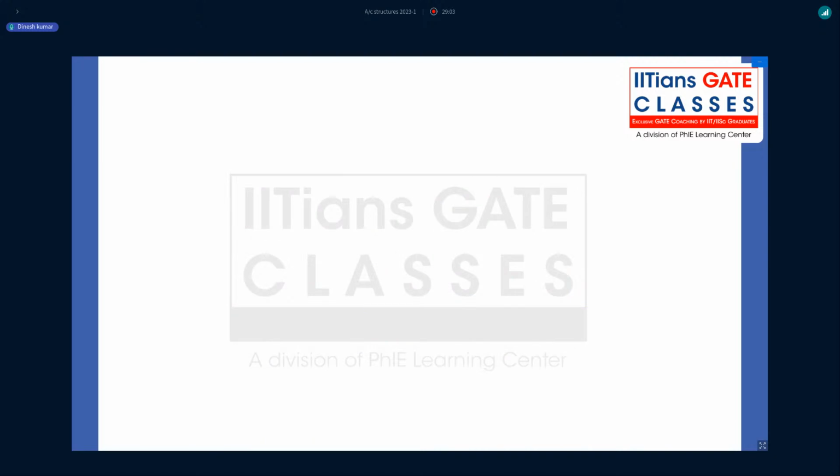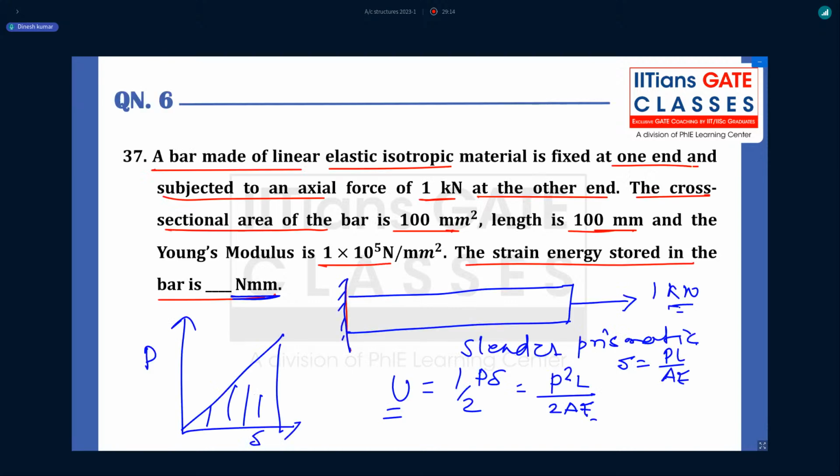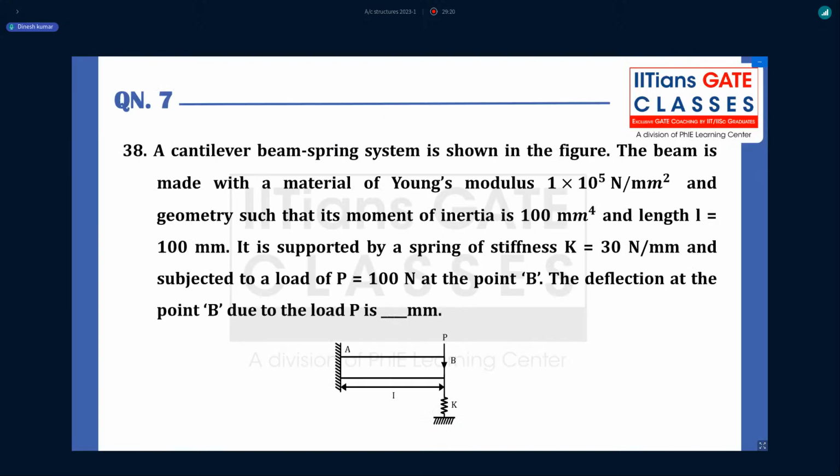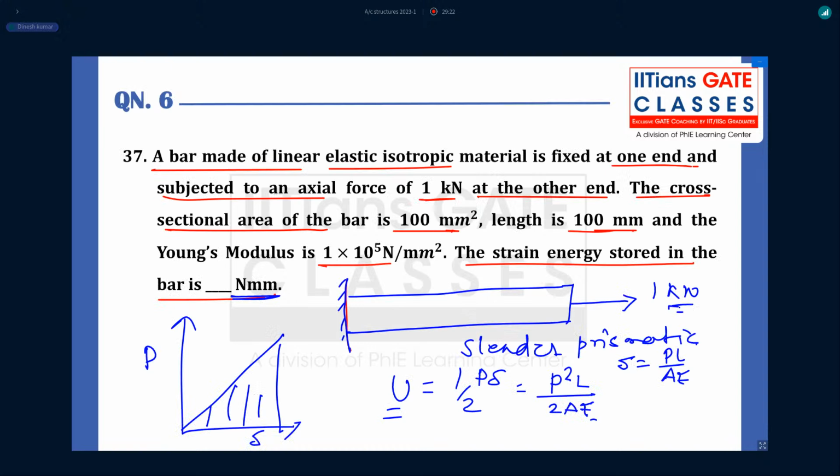So what is the strain energy U? Now guys, what is the P? P they have given as 1 kilonewton, right? So it is nothing but 10 to the power 3 whole square. Then L, the length, is how much?